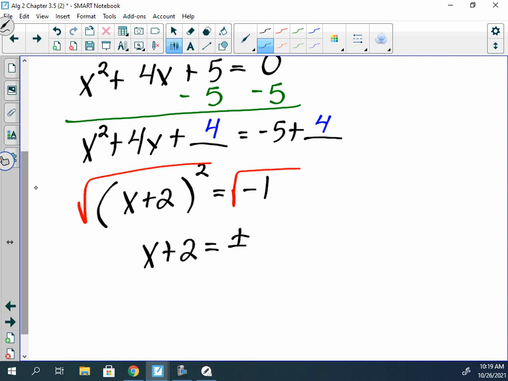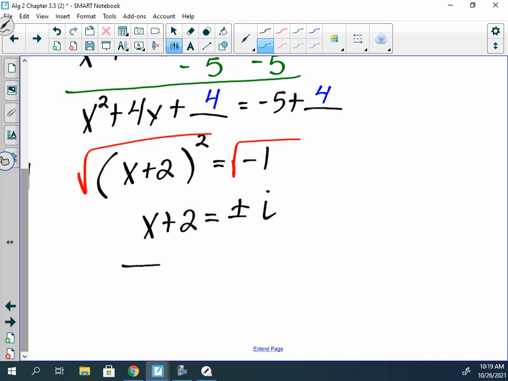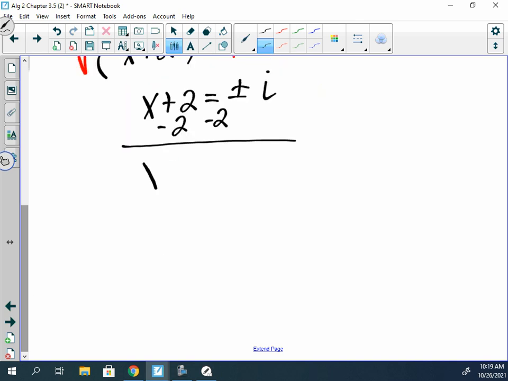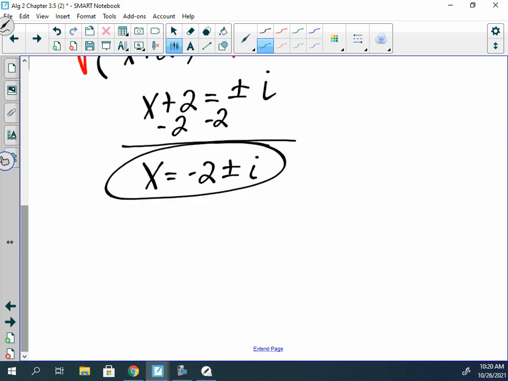What is the square root of negative 1? Because by definition, the square root of negative 1 is i. So, okay, we can definitely tell at this point it would not graph and it would not factor. And what do we need to do lastly? That's it.